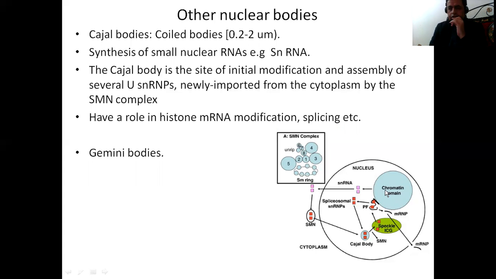So, for instance, this is snRNA, small nuclear RNA, which is coming from the chromatin, and the small nuclear RNA in the cytoplasm is translated into SMN.